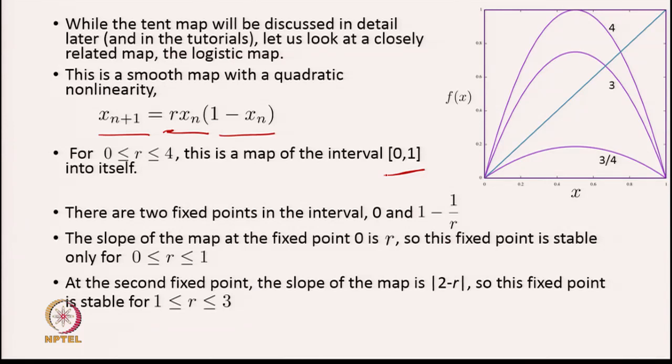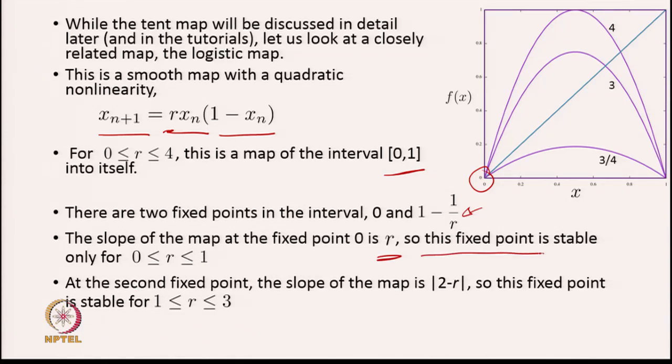Like the tent map, there are two fixed points for this map. One is at the point 0, and the other, you can easily work it out, is at 1 minus 1 by r. And so long as r is bigger than 1, the second fixed point also lies in the interval. The slope of the map at the fixed point 0 is r.